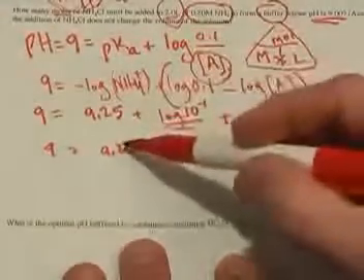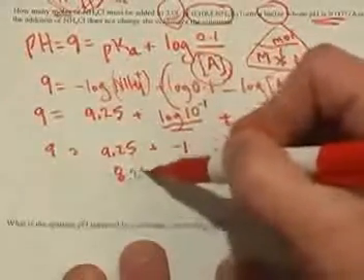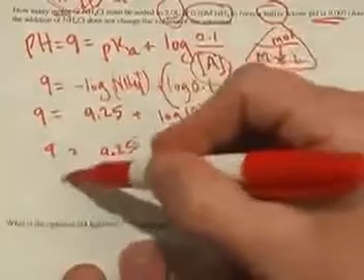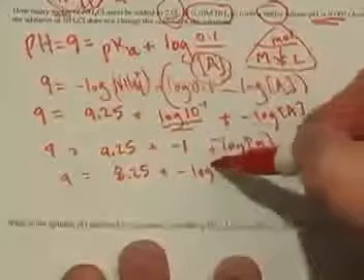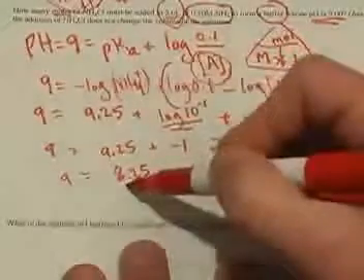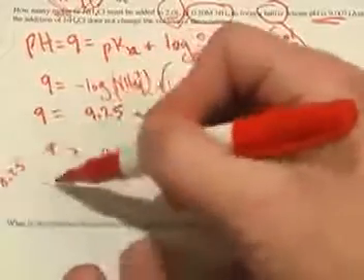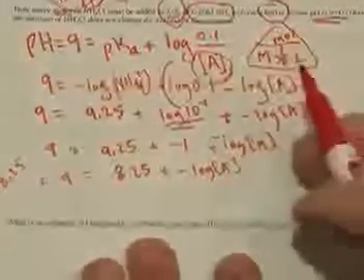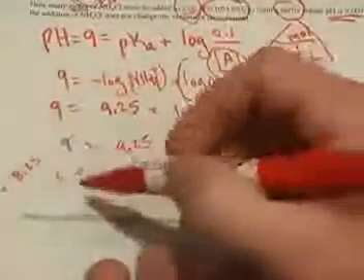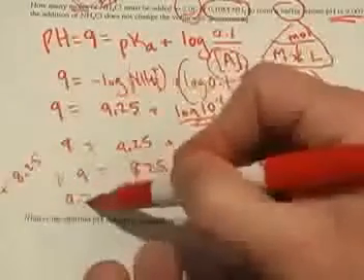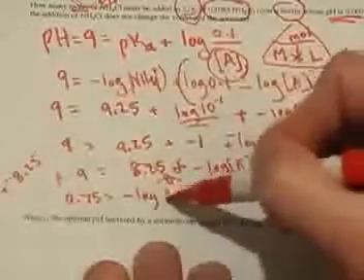I combine these two, 9.25 plus negative 1 turns out to be 8.25. 9 is equal to 8.25 plus a negative log of the concentration of A. I'll subtract 8.25 to both sides of the equation, a negative 8.25, so I'll lose 8.25 on this side, lose it on this side, and I end up with 0.75 equal to the negative log of A.